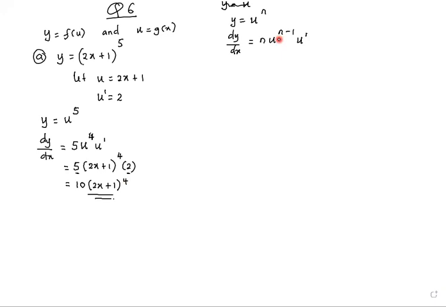Yesterday we wrote it in this form. So we said dy dx is going to be dy du multiplied by du dx. So du dx is like the u prime.